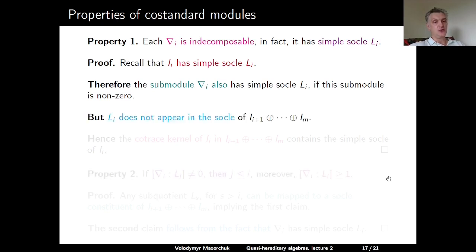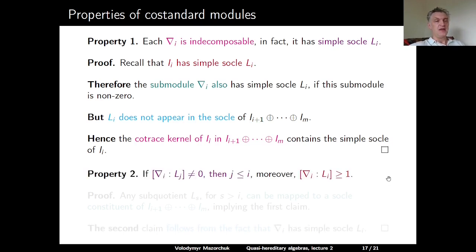So we only need to show that this Li is in the kernel of any homomorphism to any I(i+1), I(i+2), and so on, Im. But that's clear because Li doesn't appear in the socle of those injective modules. So this means that the cotrace kernel contains the socle of Ii, and so it is non-zero. And this implies our property.